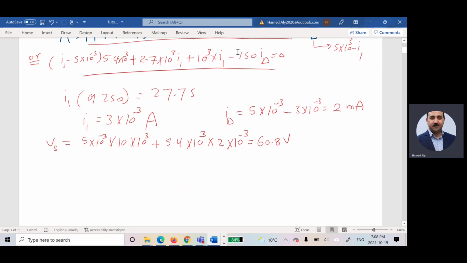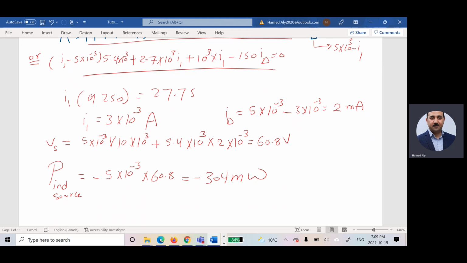So I can say the power for the independent source is equal to V multiplied by I. I is equal to 5 times 10 to the power negative 3 multiplied by V, which is 60.8. Should I add here negative sign? Yes, because it is active. If you try to calculate this, it is negative 304 milliwatts.